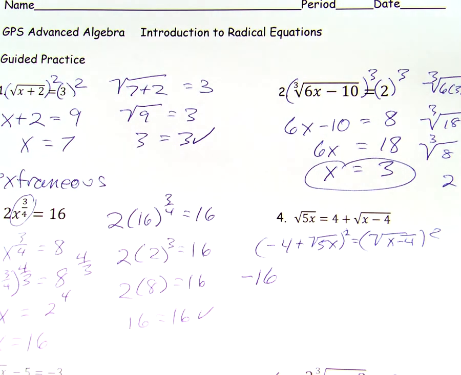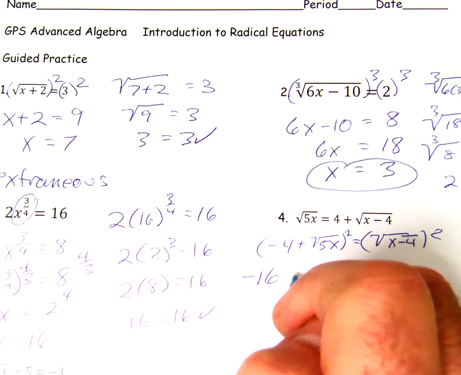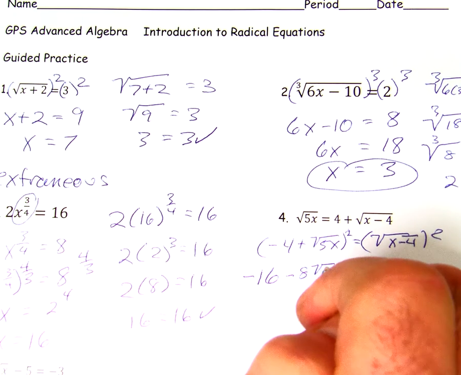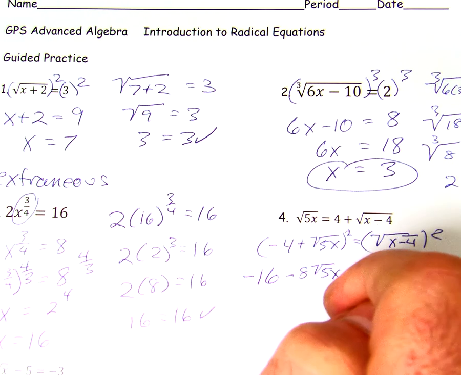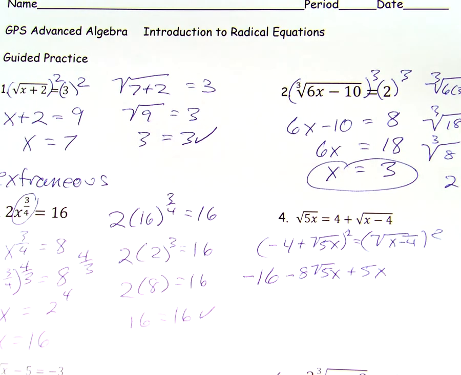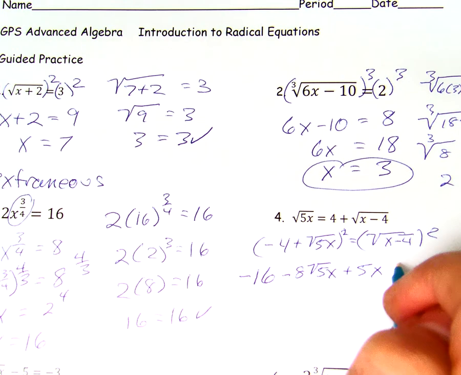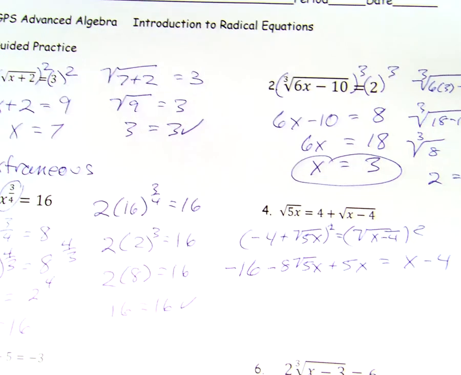So we multiply -4 times -4. We do all the FOIL, and we end up with this term. And then, of course, the square root of 5x times the square root of 5x is just 5x. And then here, this one's easy. The radicand just comes out.